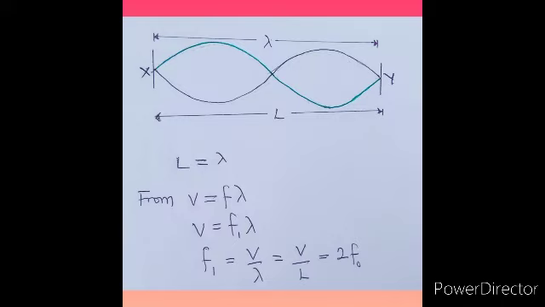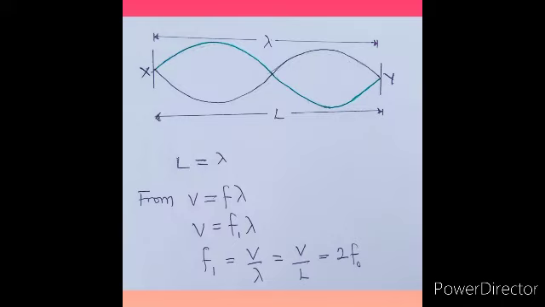So from V equals F lambda, we can write that V equals F1 lambda, where F1 is representing the first overtone. If we make F1 the subject of the formula, then F1 equals V over lambda, and that equals V over L, because lambda equals L, and that is equivalent to 2 F naught, because our F naught, the fundamental frequency, equals V over 2L.